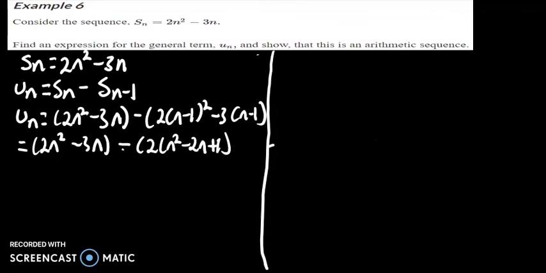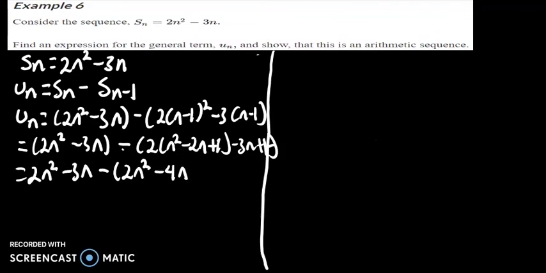That's the expansion of n minus 1 squared. Then minus 3 times (n minus 1). When you expand this, that's what you get. So 2n squared minus 3n minus (2n squared minus 4n plus 2 minus 3n plus 3).